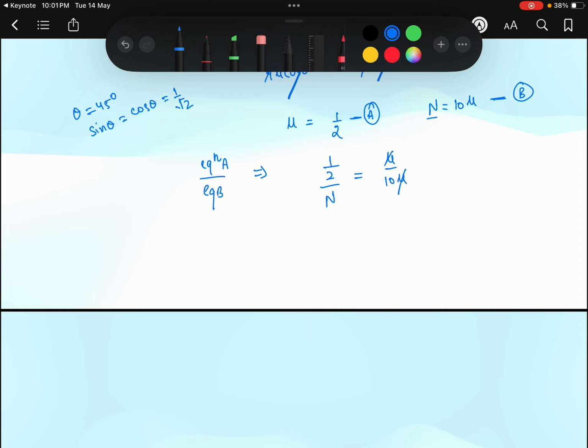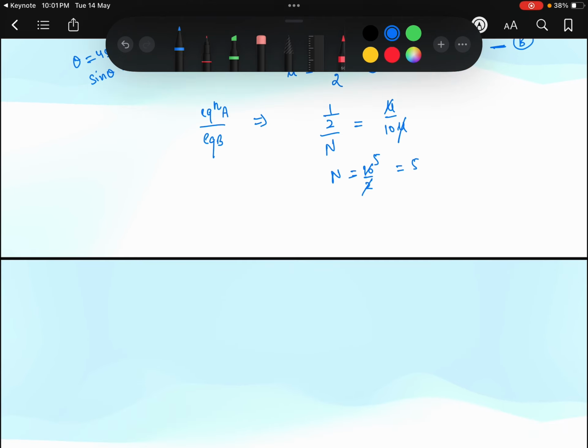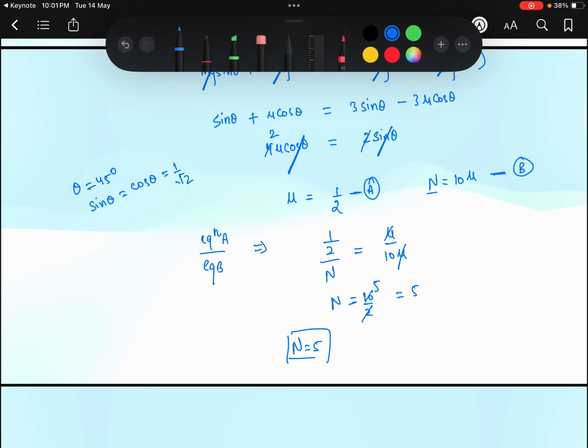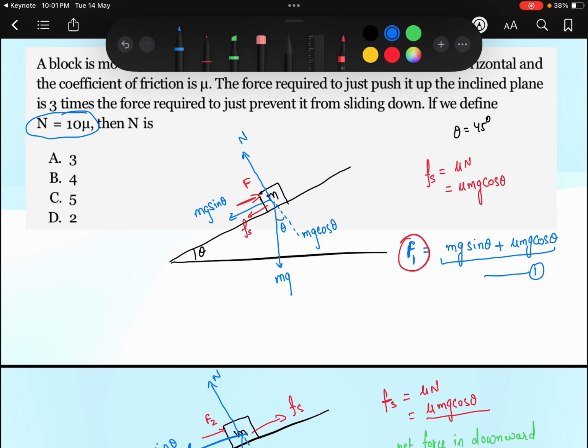Here mu will be cancelled out, so our n will be equal to 10 by 2. So the value of n we are getting here is 5, n is equal to 5. So we can match our answer in the options here. Option C is correct, that is n is equal to 5.